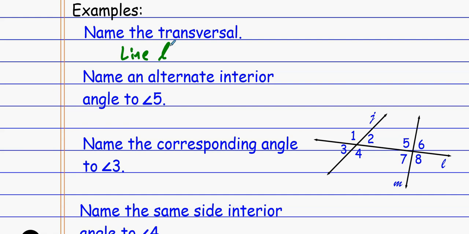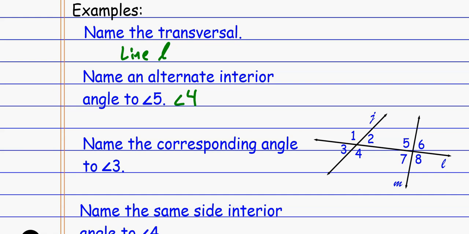So now it says name an alternate interior angle to angle 5. So here's angle 5. That's an interior angle, so I look at the interior angles from the other group. That's 2 and 4. Alternate interior means the one on the other side, so that would be angle 4, okay? The next one says name the corresponding angle to angle 3.